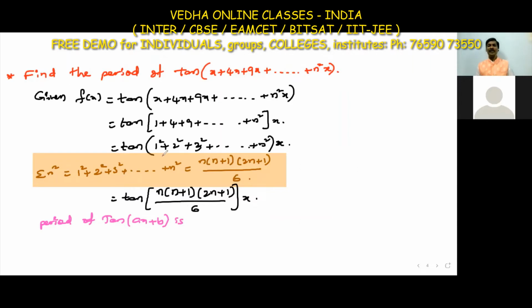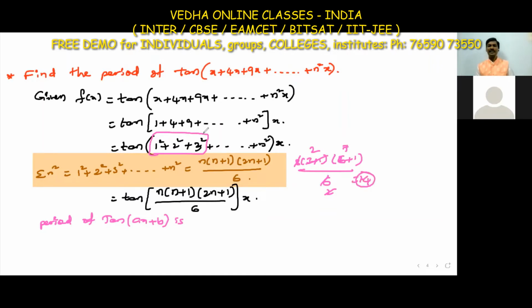For example, if I want the sum of squares from 1 to 3 square, just substitute 3 in this: 3 into 3 plus 1 into 2 into 3 plus 1, divided by 6. Here 3 plus 1 is 4, and 3 ones are 3, 3 twos are 6, 2 sevens are 14. We get 14 here.